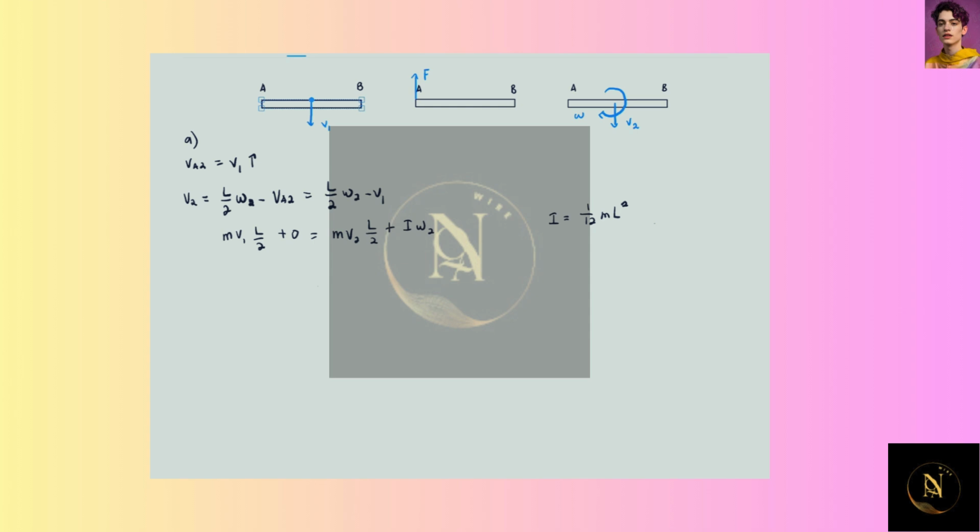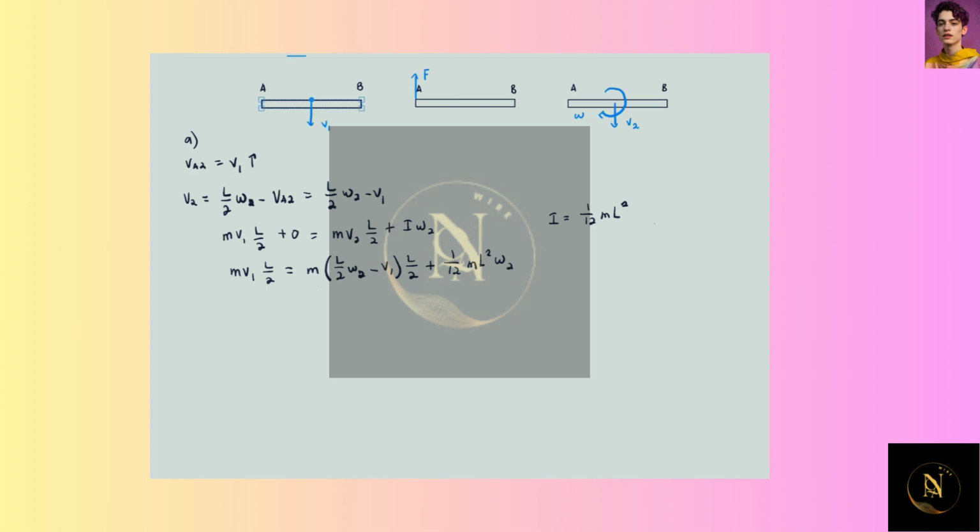Substituting this and the equation for V2, our equation would be M V1 L/2 equals M times (L/2 omega 2 minus V1) times L/2 plus 1/12 mL squared omega 2.